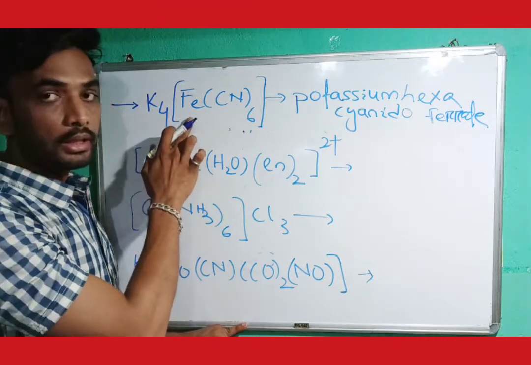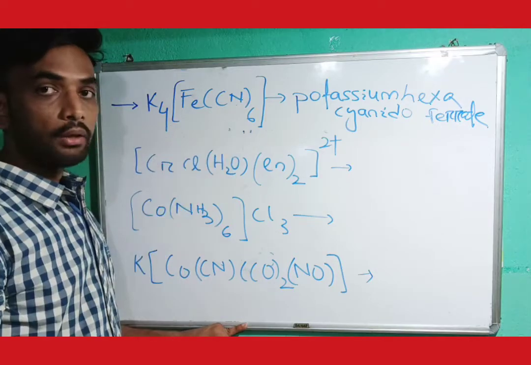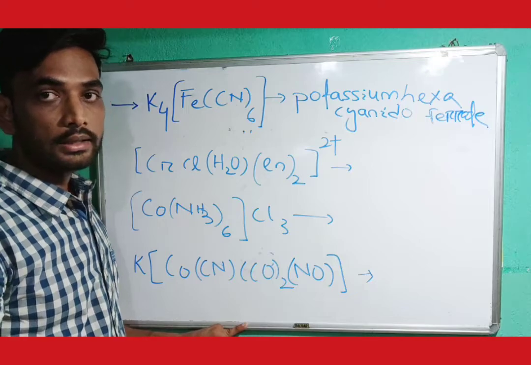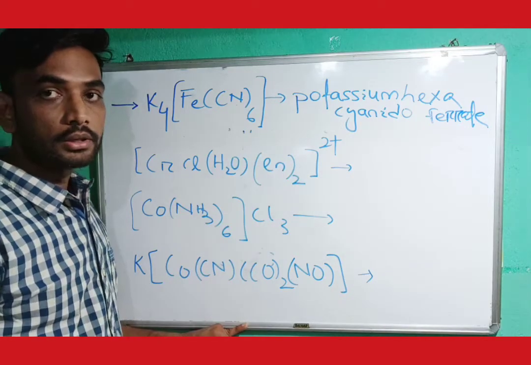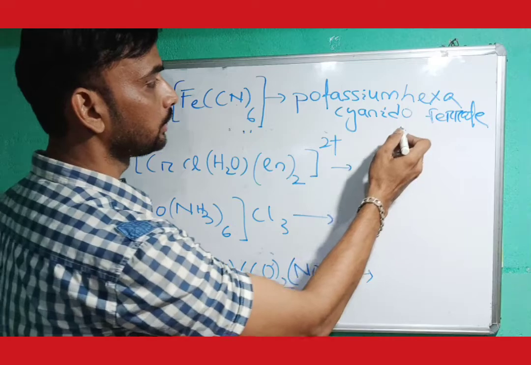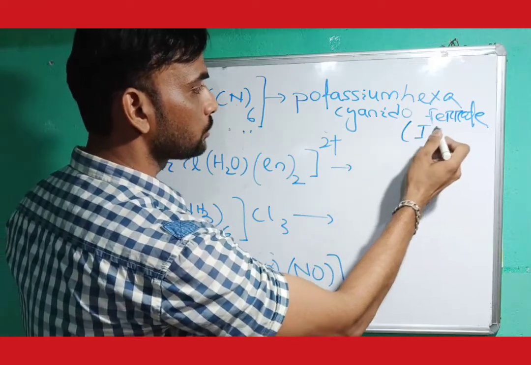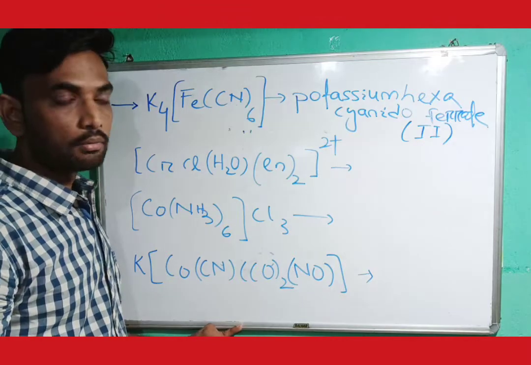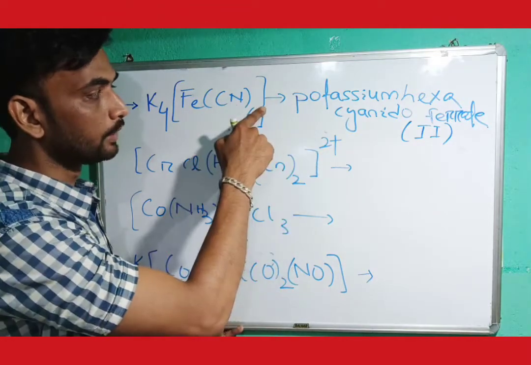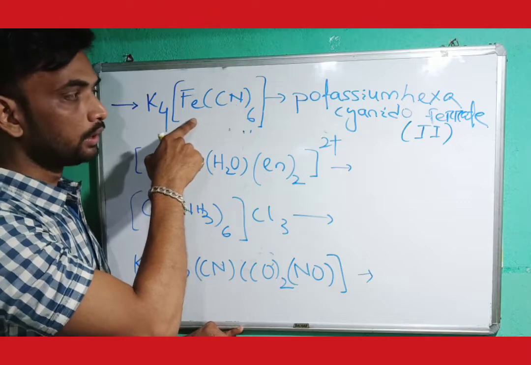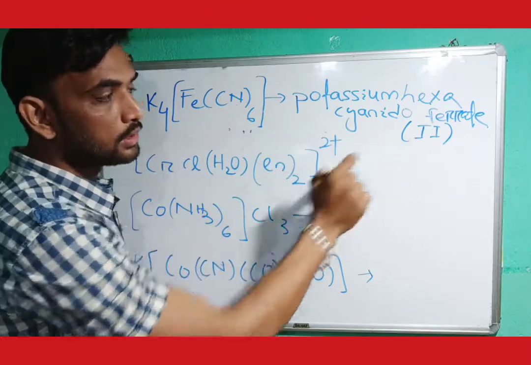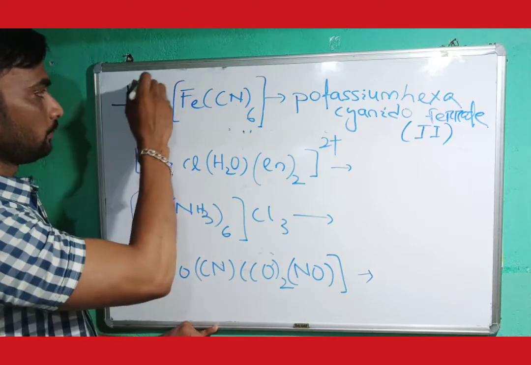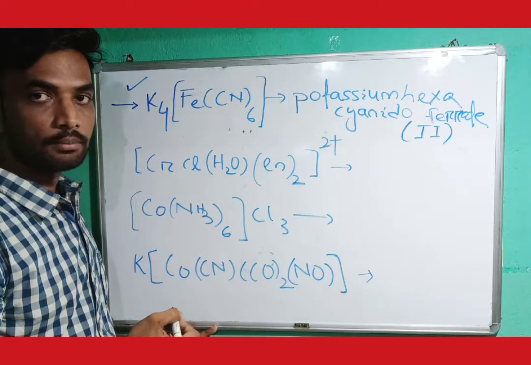But if the metal atom is present in the anionic part, then the metal name is terminated with the suffix ATE. So this is ferrate. Clear? Then after ferrate, you write the oxidation number in Roman numerals in brackets. That is the charge we have already calculated, plus 2, written as (II). Clear? That completes the first example.